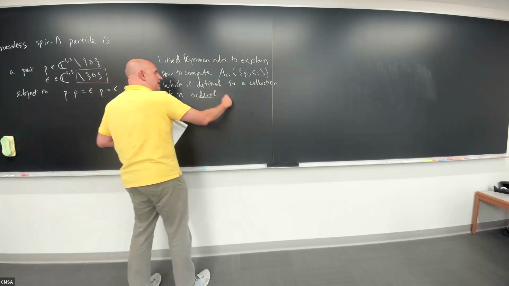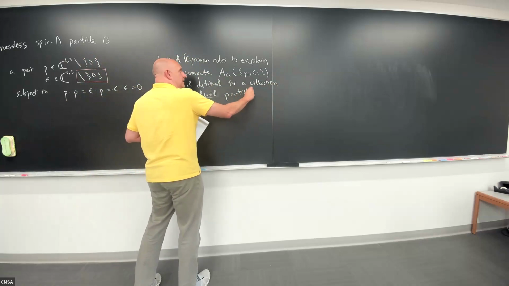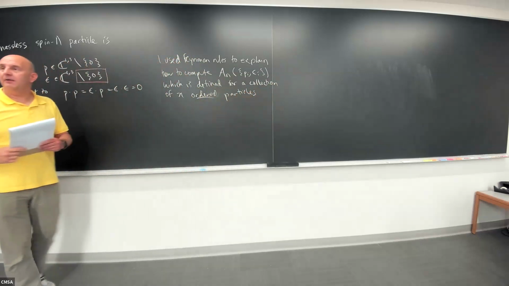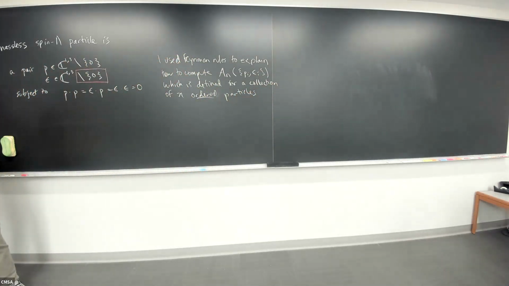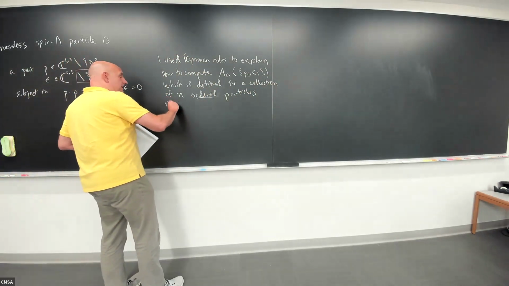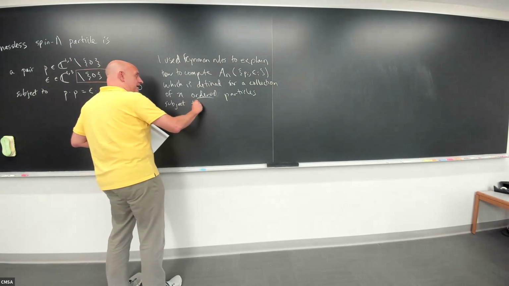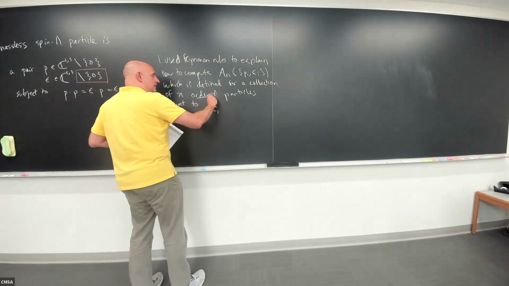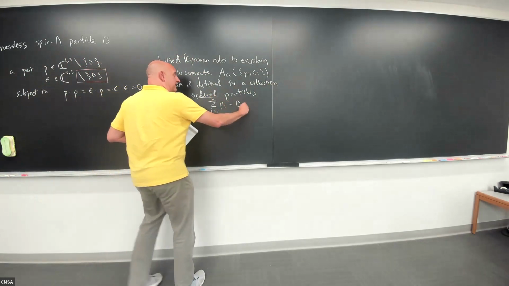The ordering showed up because I only allowed myself to draw Feynman diagrams with the specific ordering of the particles, subject to one additional constraint, the momentum conservation constraint.